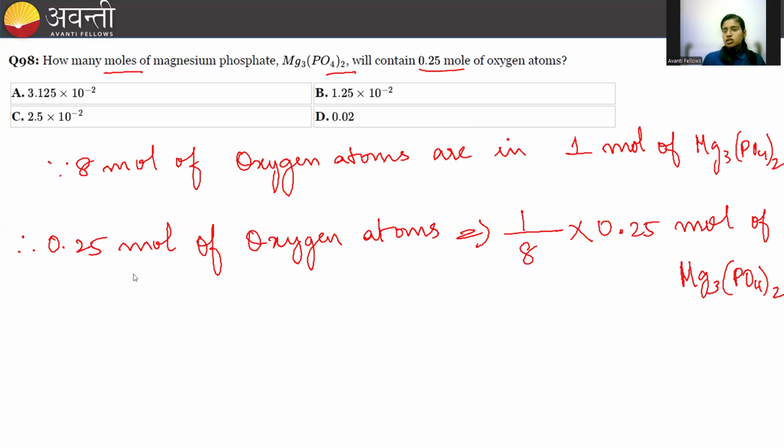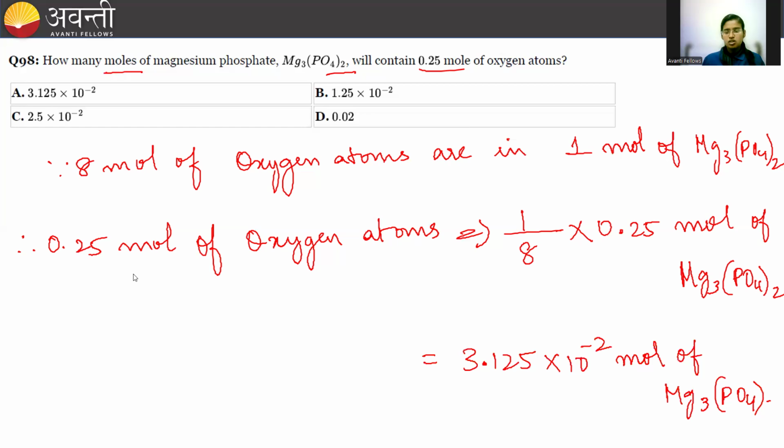So 8 moles of oxygen is in 1 mole of the compound. 0.25 mole of oxygen will be present in 1 by 8 into 0.25. Okay. So this will give the value as 3.125 into 10 to the power minus 2 mole of magnesium phosphate. Okay. Just the cross multiplication. Got it?